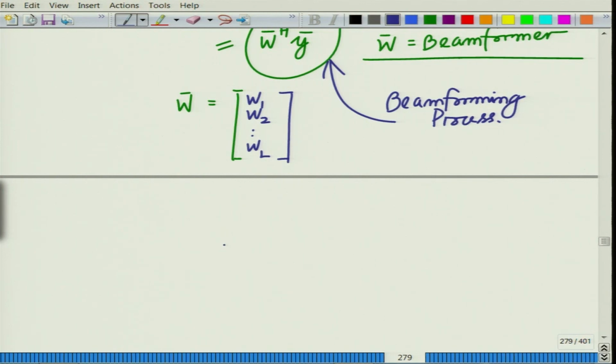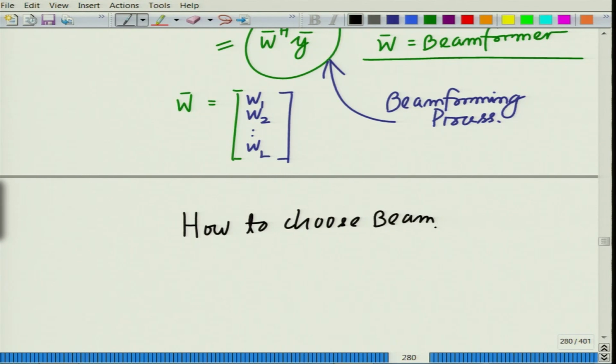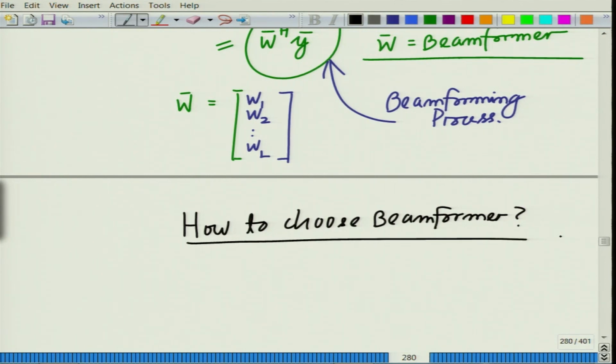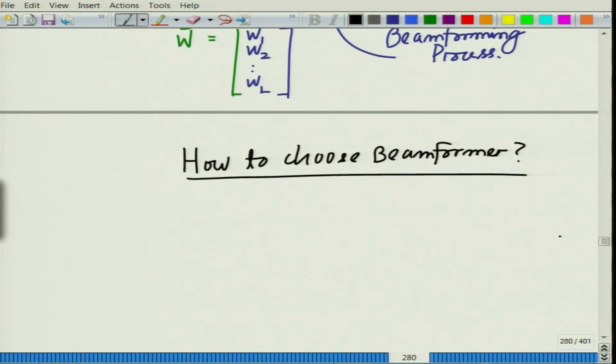Okay. And now, how to choose the beam former? Now, the question that we want to ask is how to choose the beam former. How does one choose the beam former? And the solution to that is the following thing.